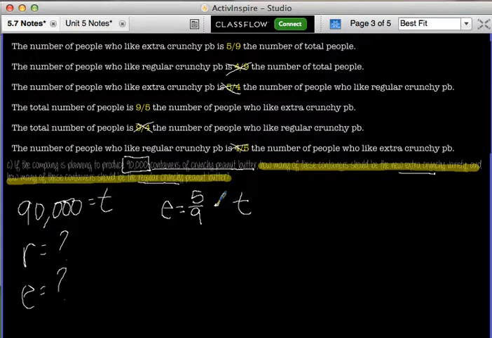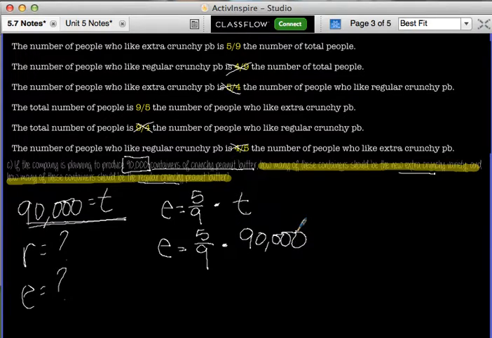Right? So a rule of thumb here is whatever you're using, since I'm using total, that is what's on the bottom of my value. So now what I say is, okay, I want to know how many extra crunchy peanut butter containers should be produced when, since 90,000 is my total, I'm going to plug in 90,000.